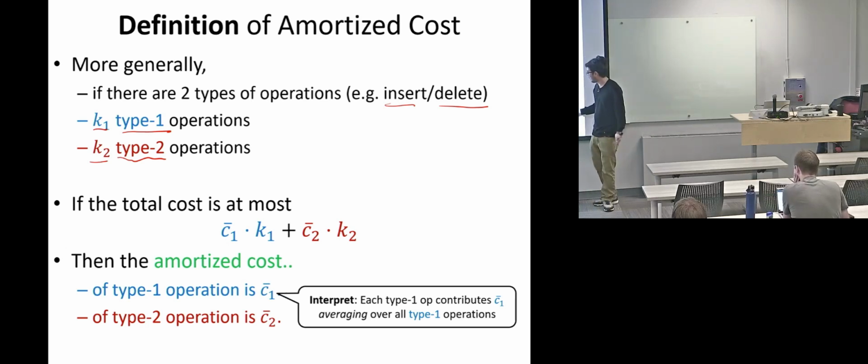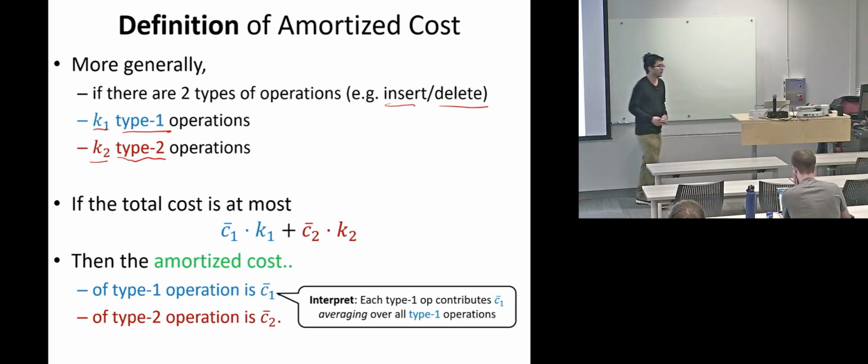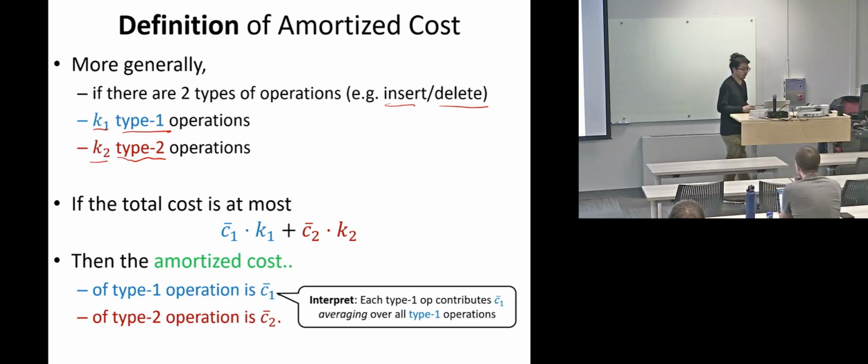It's just that on average, when you look at the total cost, it contributes C bar 1 cost. Similar for C bar 2 for type 2 operation. So I hope that's clear. That's just the formalization of what is amortized cost. Question about this?